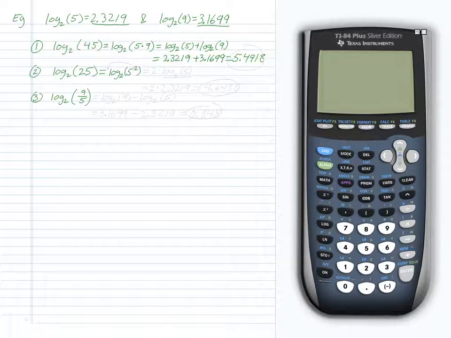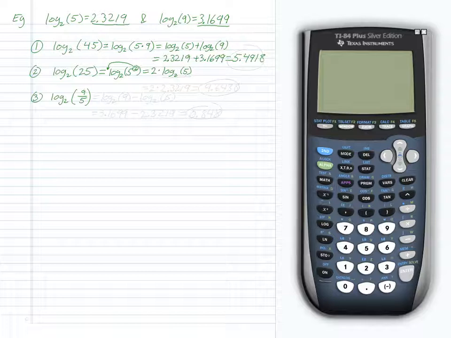Then, using the third fundamental property of logarithms, the power property, I can pull this 2 outside and say that log base 2 of 5 squared is equal to 2 times log base 2 of 5 by itself.